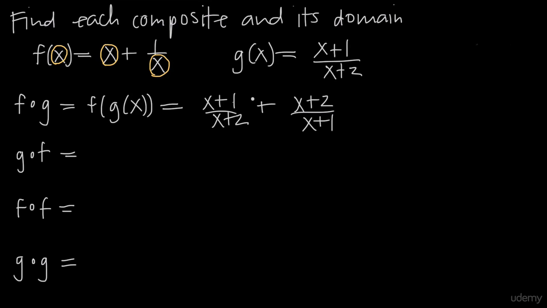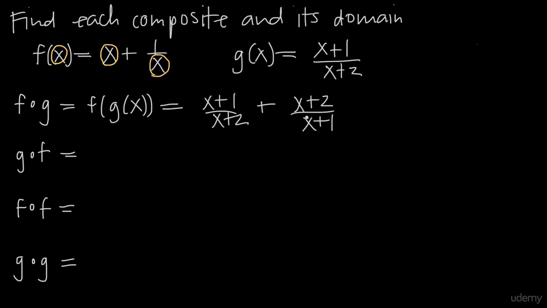Well, remember that for a fractional function like this, a rational function, it's only going to be undefined when the denominator is equal to 0. So if x plus 2 equals 0, the function will be undefined, or if x plus 1 equals 0, the function will be undefined. So in other words, if x is negative 2, then we get negative 2 plus 2 is 0, so negative 2 can't be in the domain.